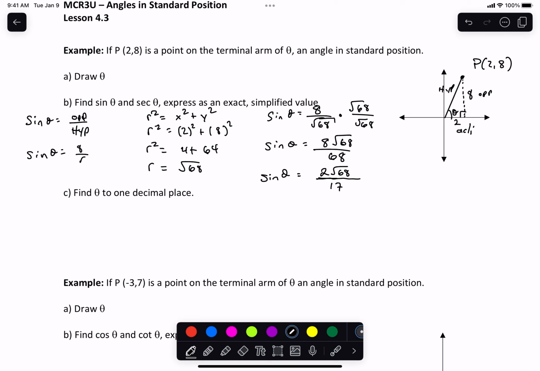Okay, what else? You have to do the radical too. How do you simplify that radical? You could also divide it by 2.